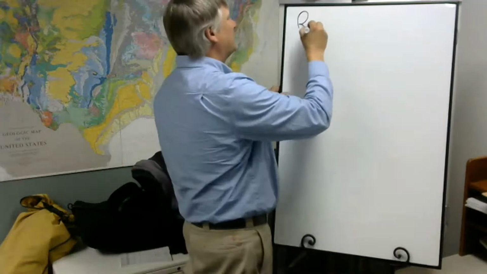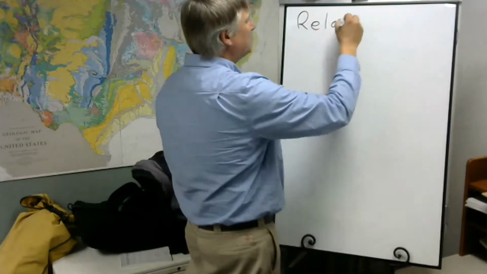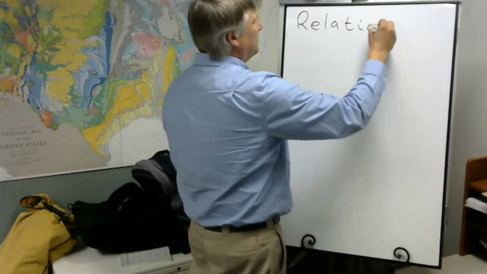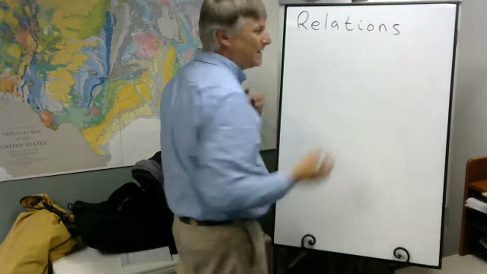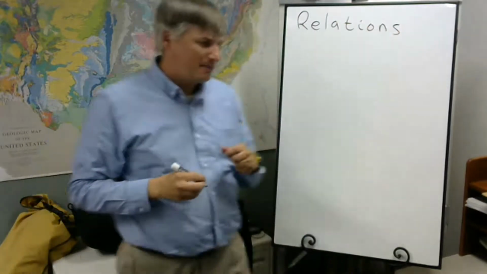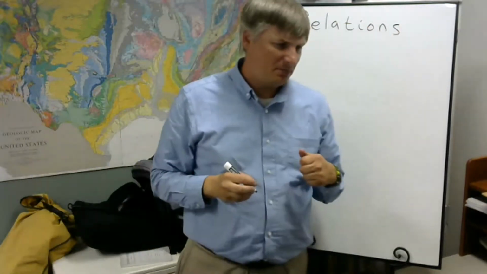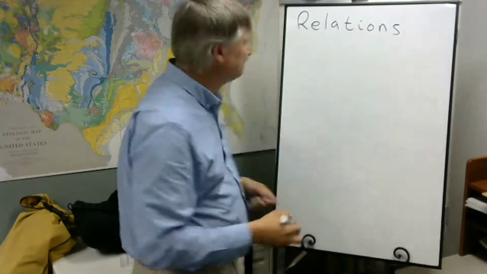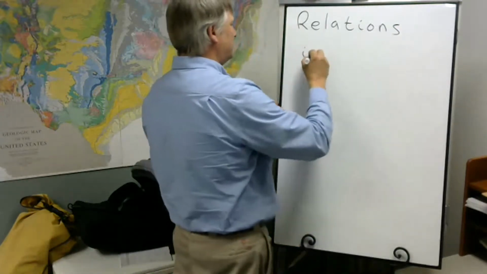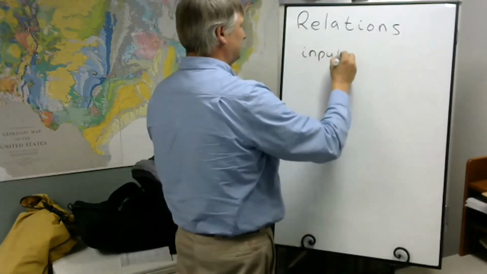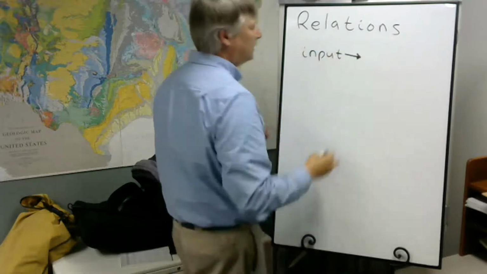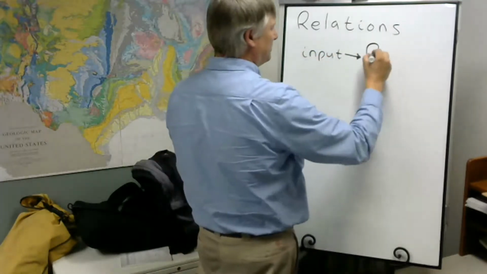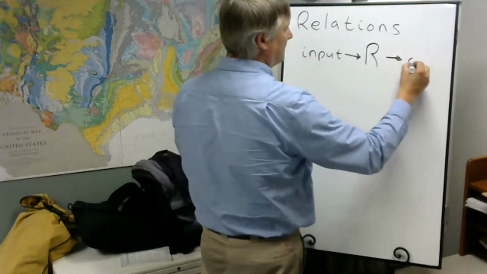Now, relations are essentially mathematical relationships, and they don't have to make sense. Think of it in terms of input and output. You have an input, it goes into the relation, and there's an output.